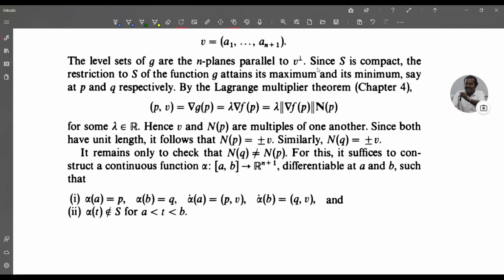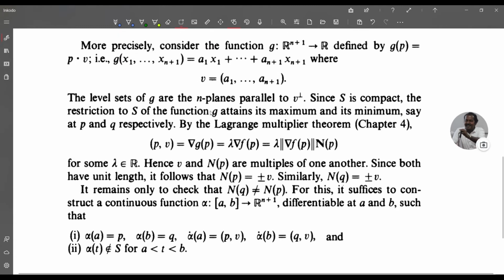Since S is compact, the restriction to S of the function g attains its maxima and minima, say p and q respectively.